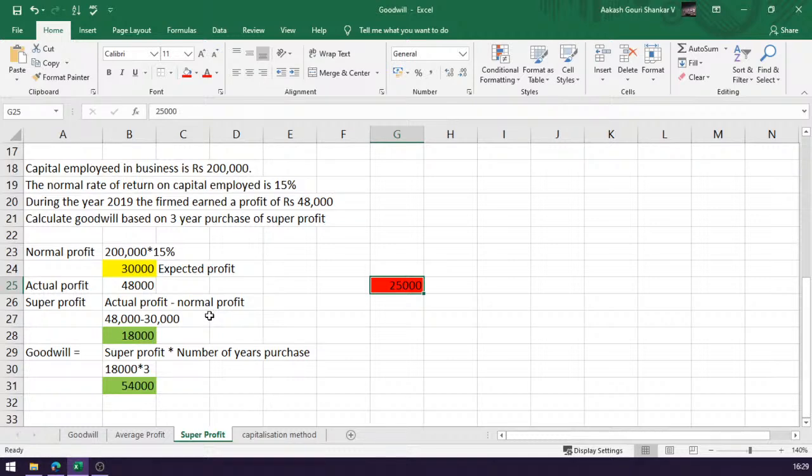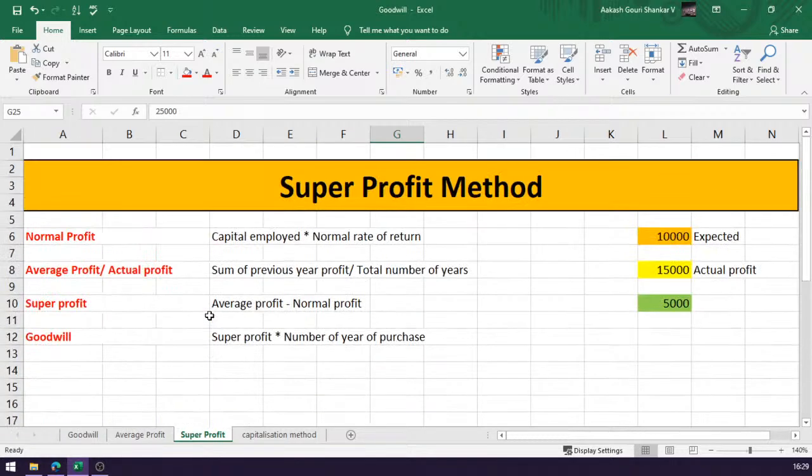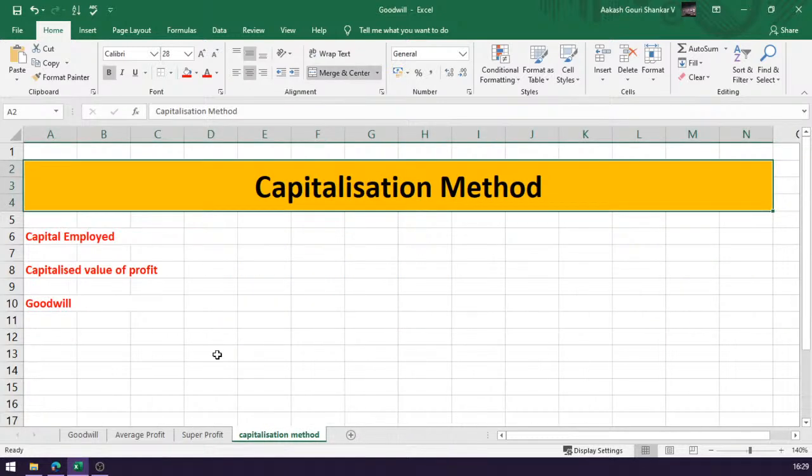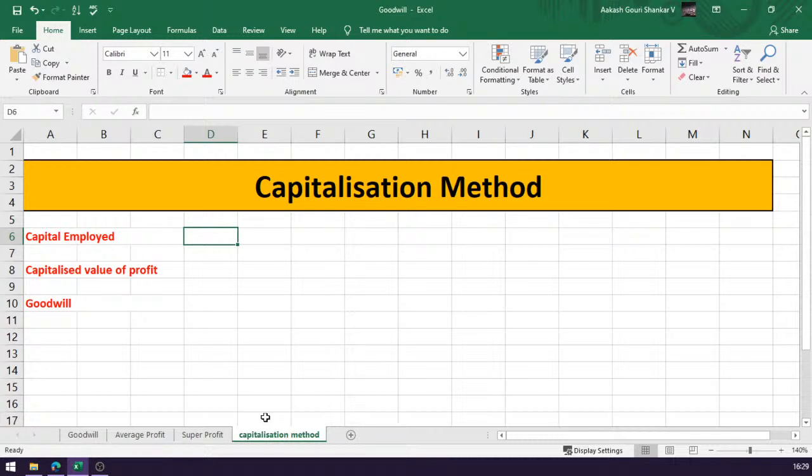Okay. Now we will move to the next topic, which is the capitalization method. Here we need to understand a few terms in order to find the value of the goodwill. The first term is capital employed. As I said in the previous discussion, the capital employed is nothing but the amount of capital contributed by the partners into the business.